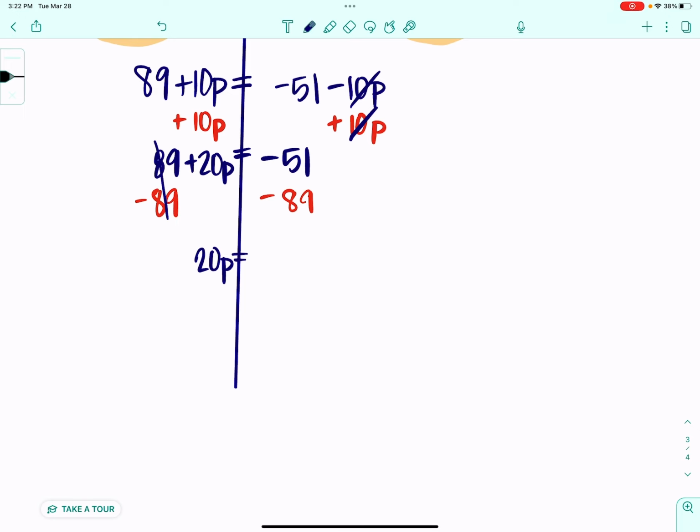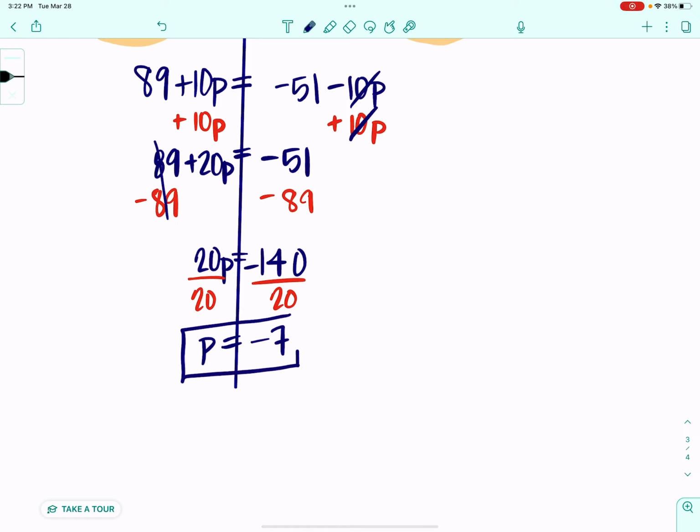Negative 51 and negative 89 is negative 140. I divide by 20. I get that p is negative 7.